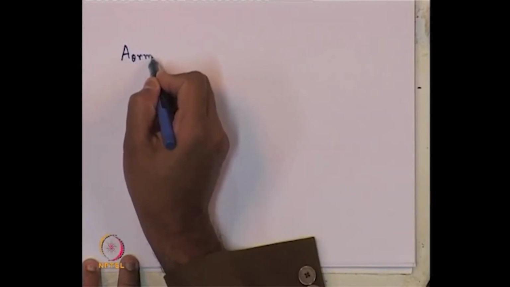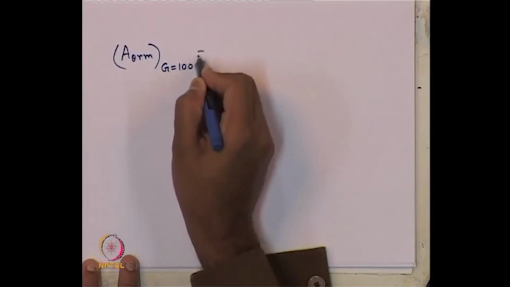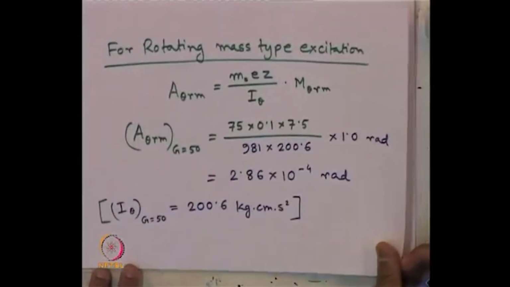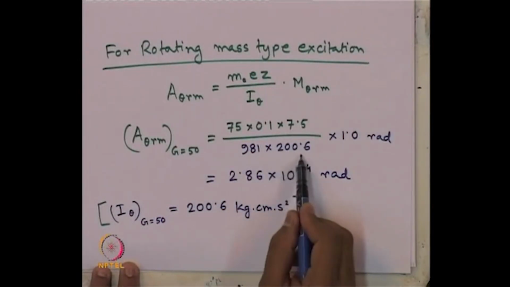A theta Rm for the other two types of soil, with G equals 100, by putting the values of the corresponding things, all this remains the same, only the change will be in I theta.